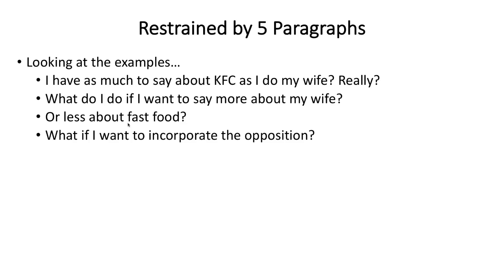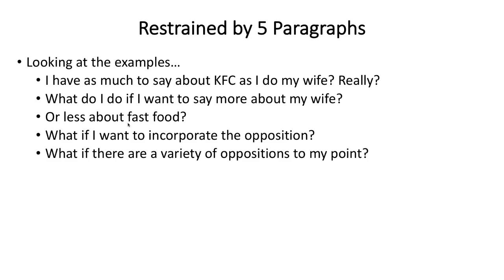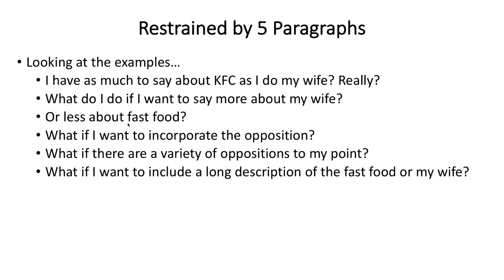So when I think about what I want to say, the content, I need to think about how I'm going to prove it, and maybe incorporating the opposition is one way. What happens, like many cases, if there's a variety of oppositions? What if I want to include a long description of the fast food or my wife? So I'm talking about how great the fast food is, how delicious it is.